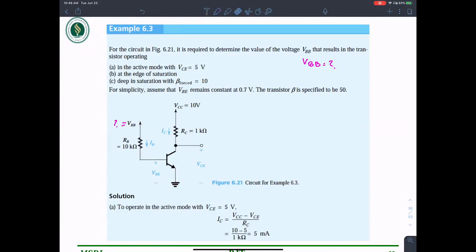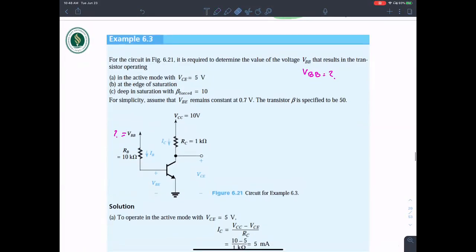What voltage do you have to apply, VBB, that results in the transistor operating in the active region, with VCE equal to 5 volts? And then we use edge of saturation, and then of course, forced beta.